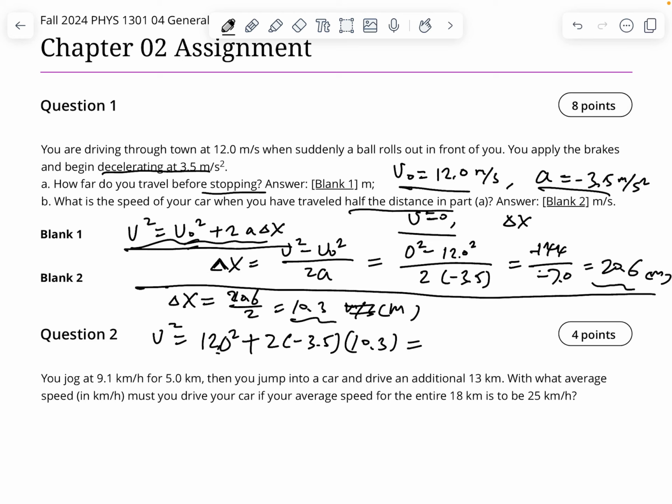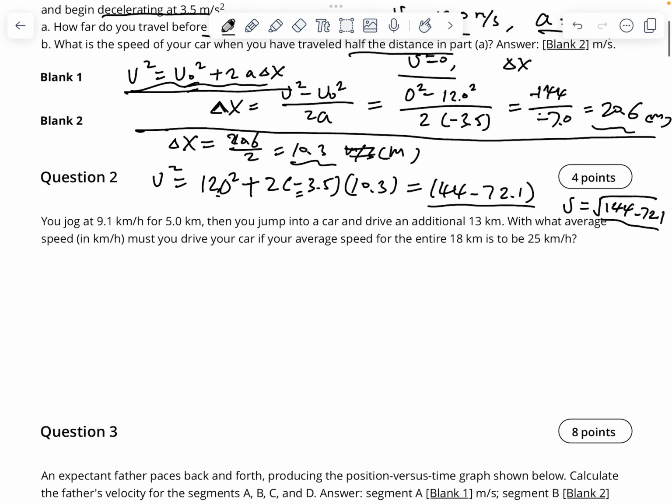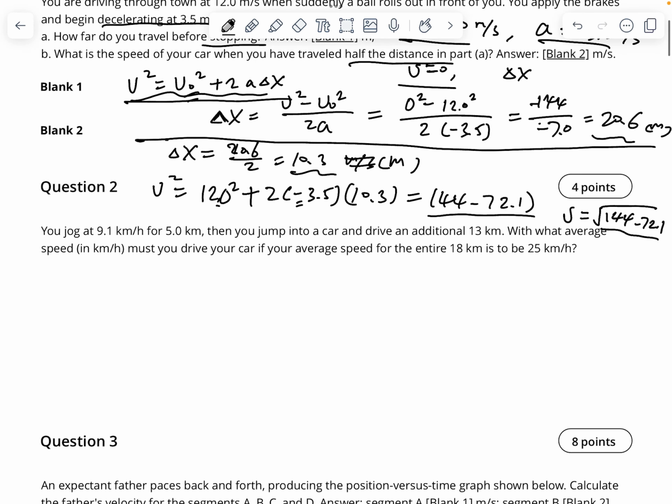So just calculate this out: 144 minus, since it's a negative sign, 7 times 10.3, which is about 72.1. Then V equals the square root of 144 minus 72.1. Calculate this, and that is your speed when you finish half of the distance.